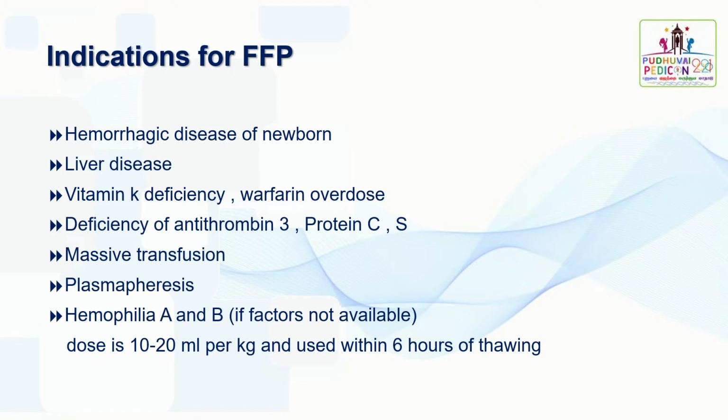Also for plasmapheresis, conditions like Guillain-Barré syndrome, chronic inflammatory demyelinating polyneuropathy, and thrombotic thrombocytopenic purpura, we need FFP. We use it least nowadays for hemophilia A, because factors are often available. If they are not available, only rarely are we using FFP for hemophilia A and B.